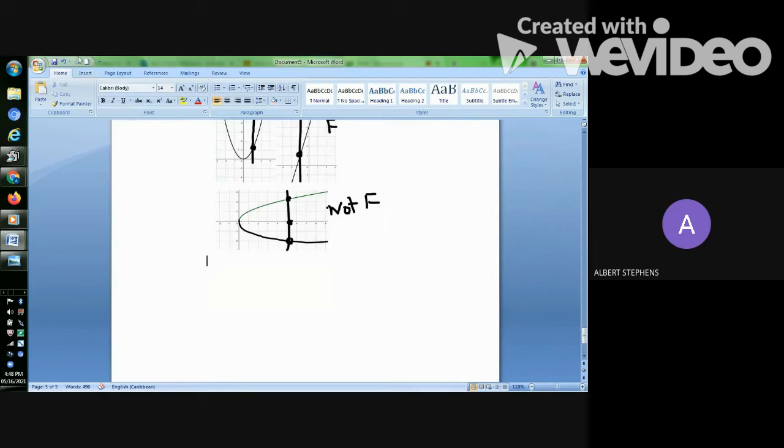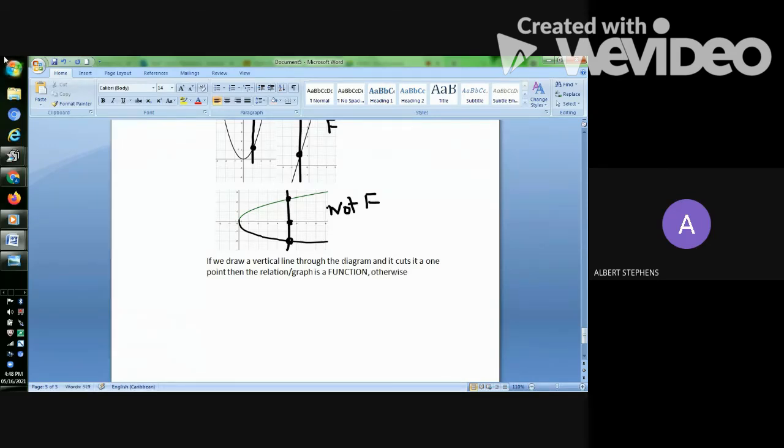So the answer for this is, if we draw a vertical line through the diagram and it cuts it at one point, then the relation, which is a graph, is a what? A function.